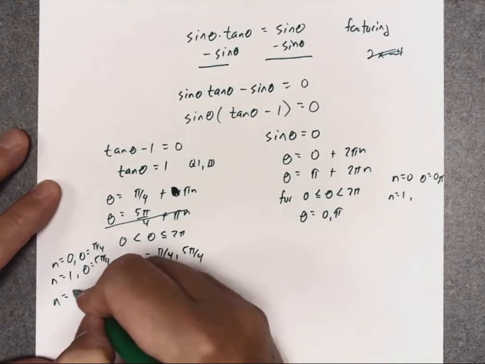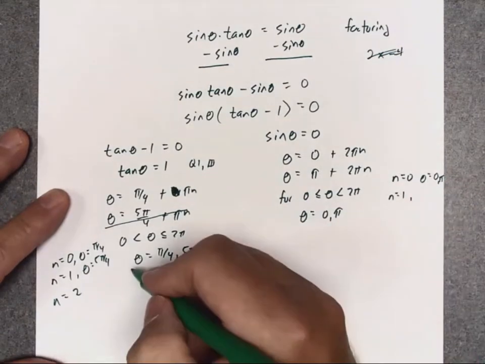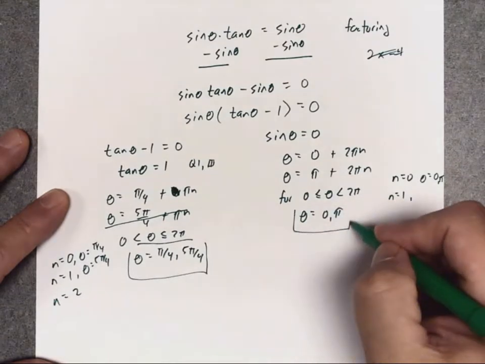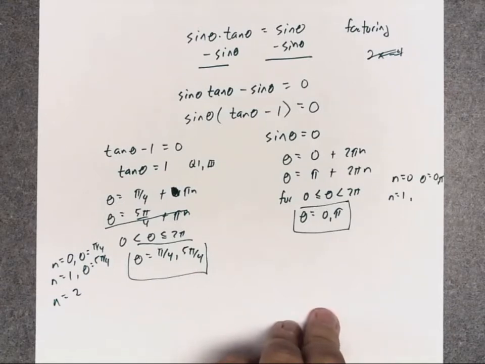But when n equals 2, all of a sudden I'm bigger than 2 pi, so I stop. So it actually looks like I have 4 solutions if I look between 0 and 2 pi. All right, so that's sort of interesting. We had to actually factor the initial equation, and then we were able to solve it.